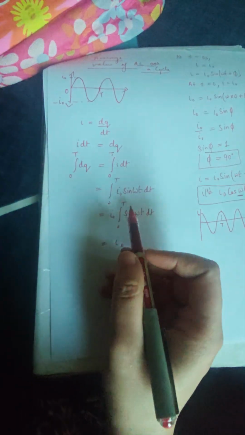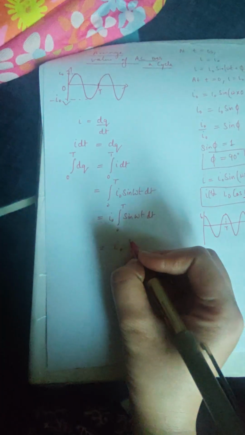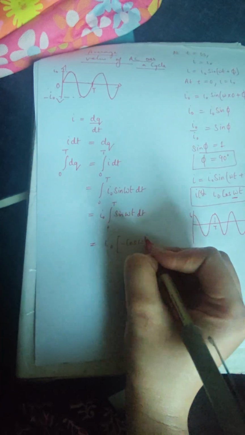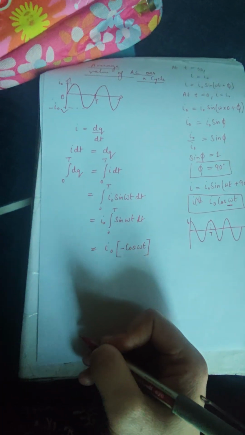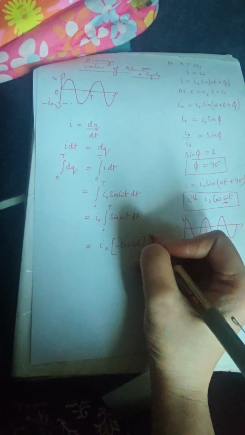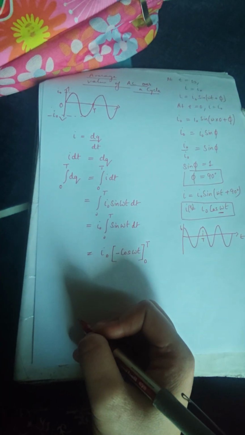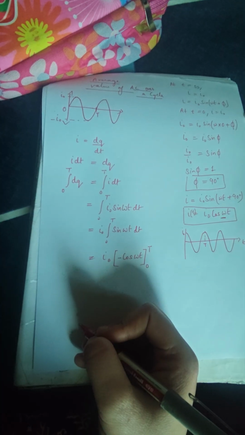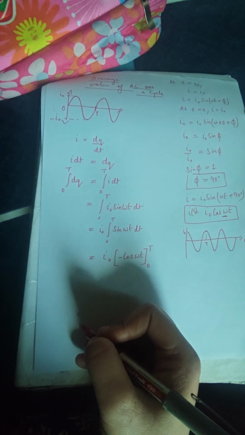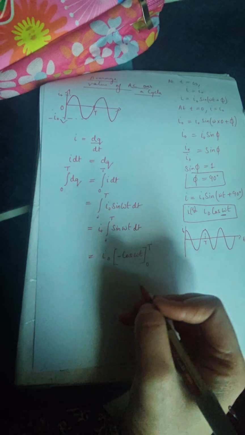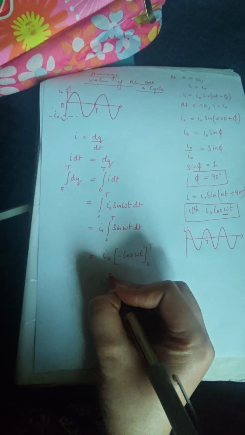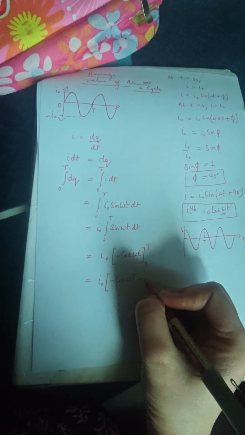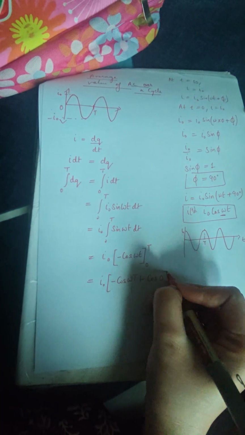So if you see it this way, sin omega t का जब आप इंटीग्रेशन करेंगे तो आपको क्या मिलेगा? It would be minus cos omega t, and when we take the value of cos omega t from 0 to T, if I'll put the values, I'll see minus cos omega t plus cos 0.